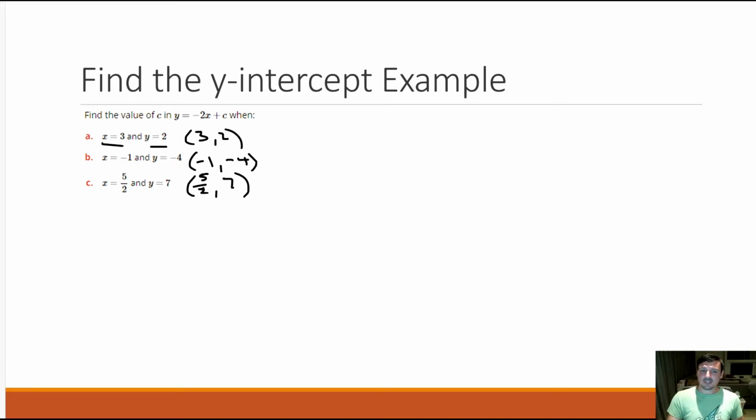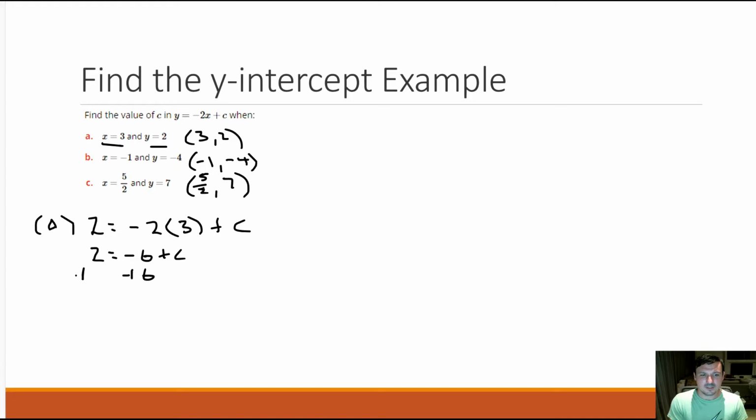It has a gradient of -2, and we're working back to find C. We've got 2 equals -2 times 3 plus C. So we're going to solve for C here. We're going to add 6 to both sides to cancel that out, and we get C equals 8.